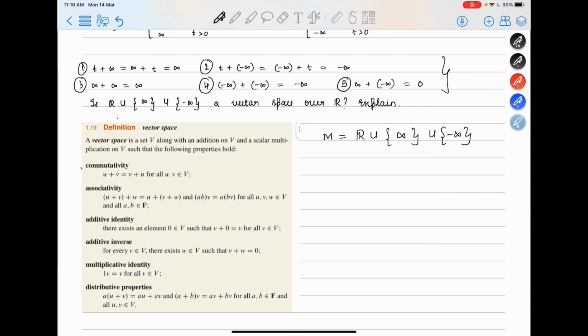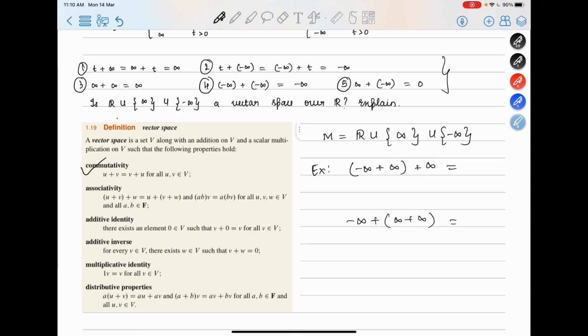So this condition is satisfied. Now to check associativity, I can take, for example, minus infinity plus infinity plus infinity, check it with the different groupings, and if I get these two correct, then maybe it is associative as well.